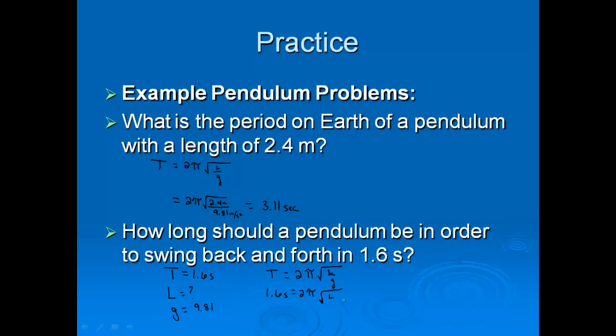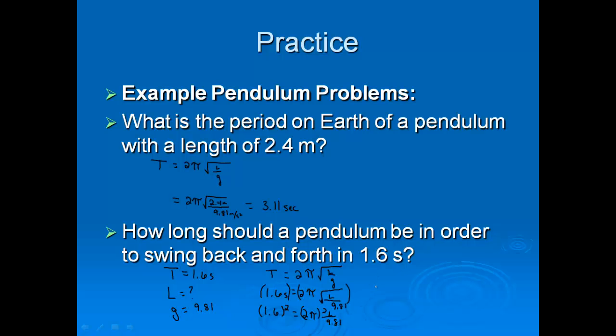That's what I'm solving for, over G, which is my 9.81. In order to get rid of the square root, I'm going to square both sides. And that is going to give me 2 pi squared times L over 9.81.